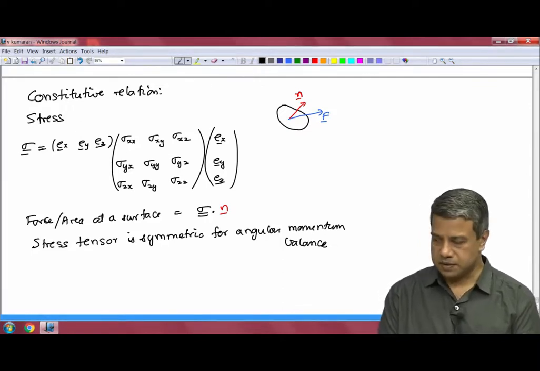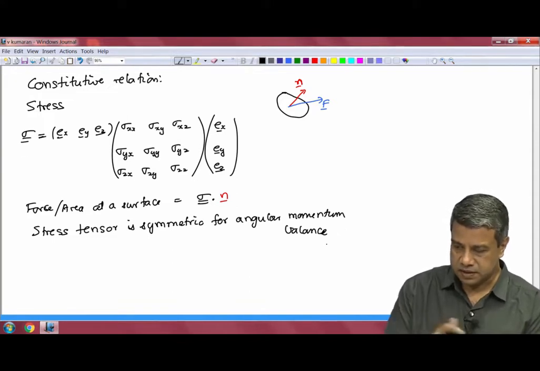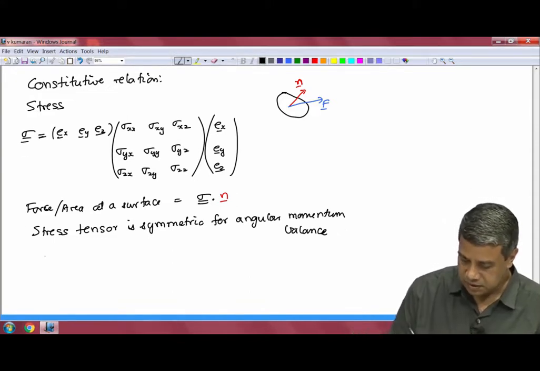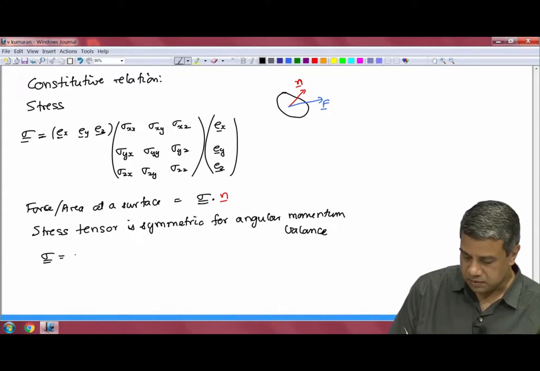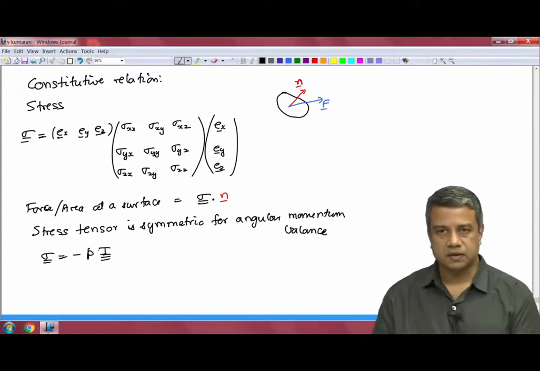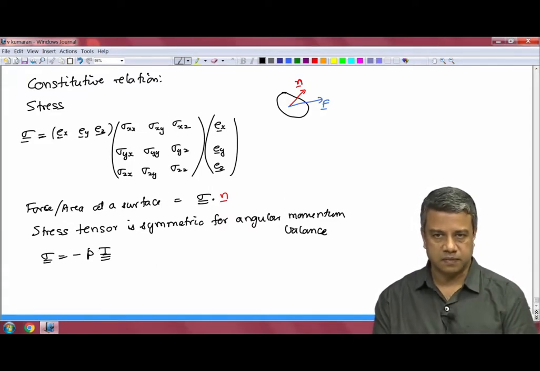And in the absence of flow, we had seen that the stress tensor can be written as sigma equal to minus p times the identity tensor. So, in the absence of flow, there is only fluid pressure. Pressure is a compressive force. It acts perpendicular to the surface.